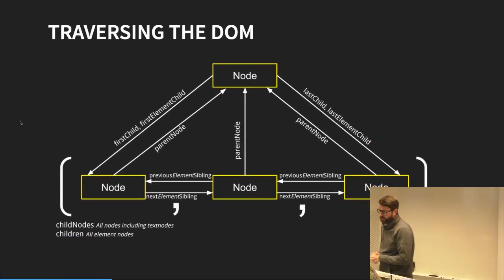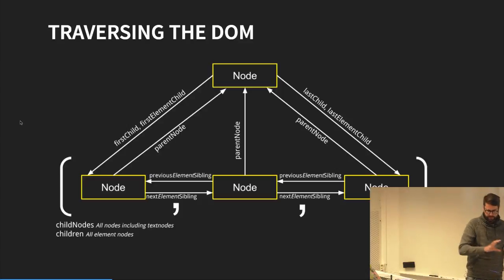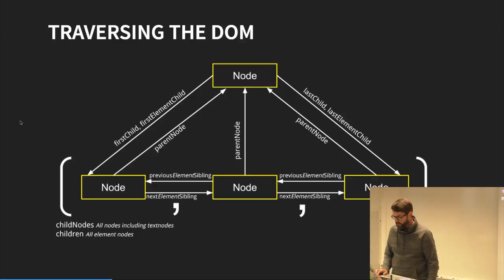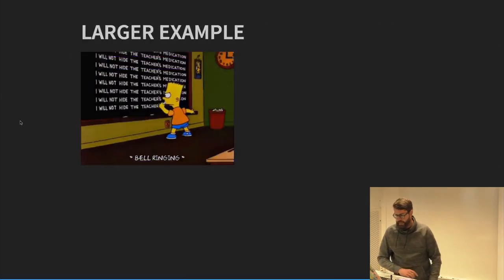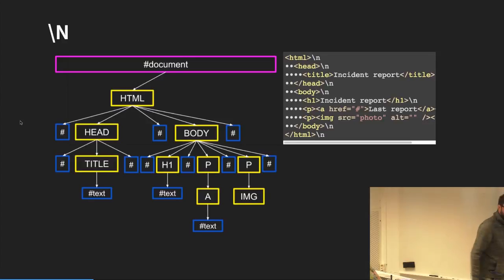Traversing is a fancy word for walking, navigating through the nodes. You could end up in some circumstance where you have a reference to the body node, the body element, and you want to visit or do something with all of the child nodes of the body node.